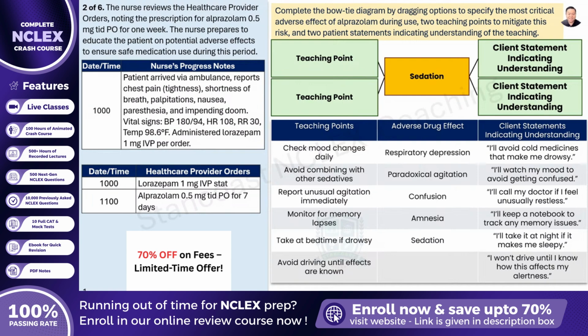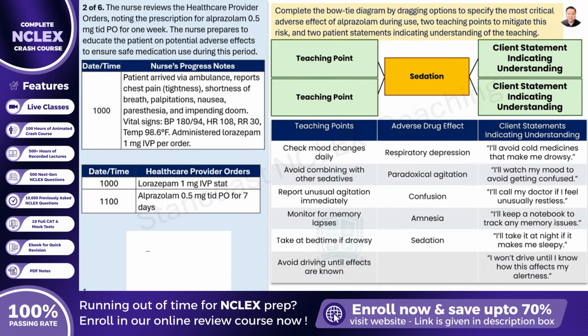Now, if you selected amnesia, why is this not a good pick? Well, even though alprazolam can cause amnesia, specifically anterograde amnesia, where the person can have trouble remembering things that happen after they take the drug. Kind of sounds scary, but here's the deal.